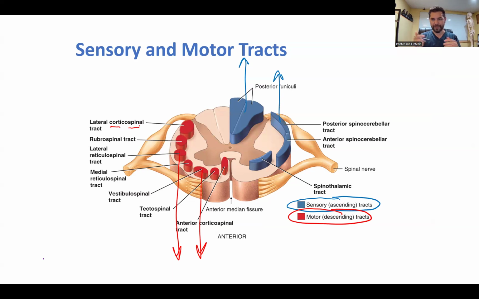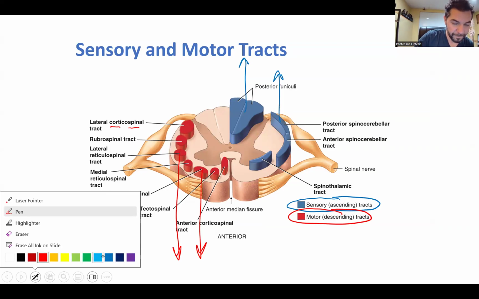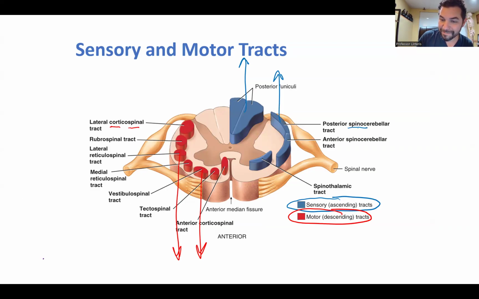Rubrospinal, cerebellum, down. If we look at ascending tracts, we will see spinocerebellar, from the spine to the cerebellum.